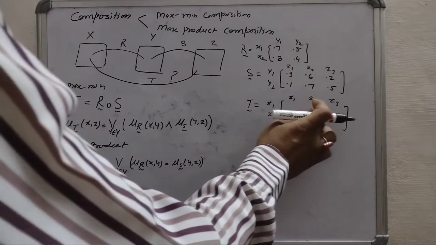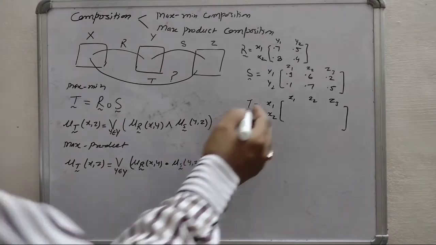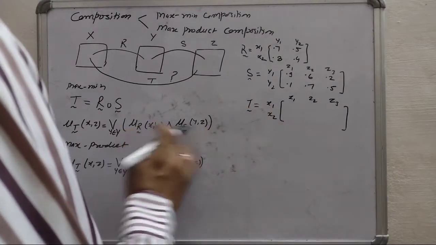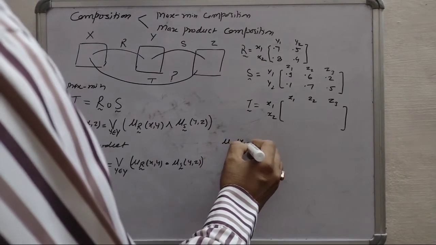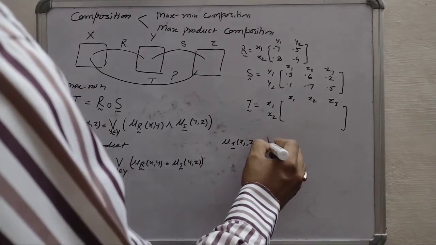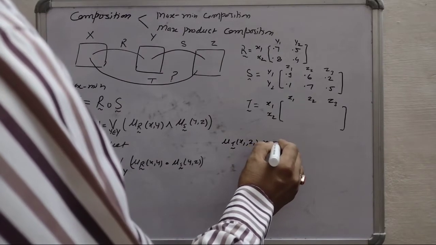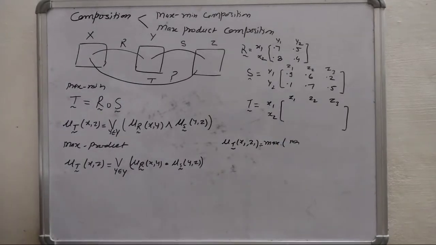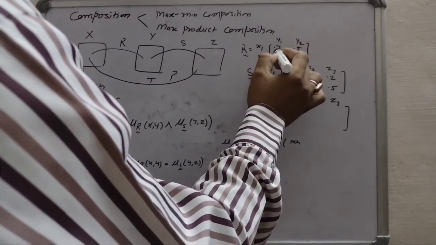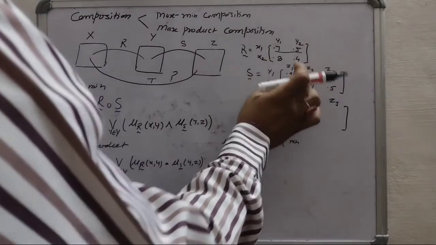Now we have to find the membership values of this relation. So for the first element you can write this formula, mu T of x1 z1 equals to max, of minimum of. Now we have to make combinations like this one, this line and this line. So this y segment will be eliminated.